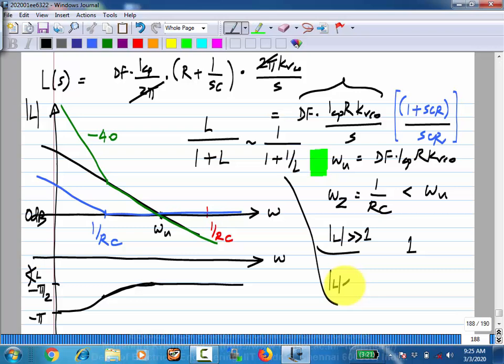And when the loop gain magnitude is very small? Something better than 0, it is L. So the thing is, when the loop gain is very large, the expression doesn't depend on the loop gain itself, it becomes 1.